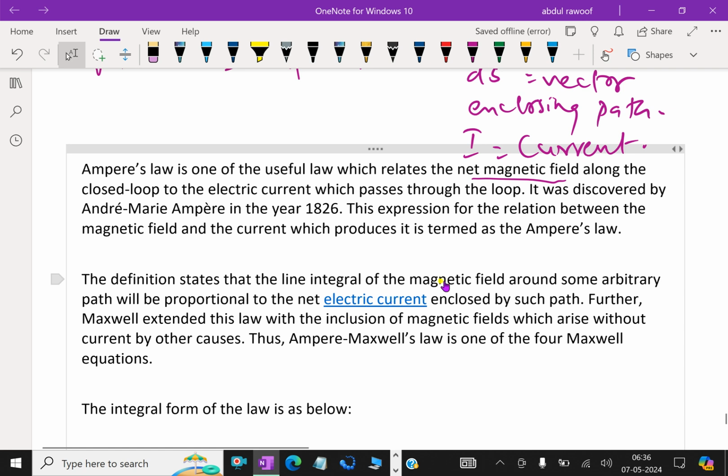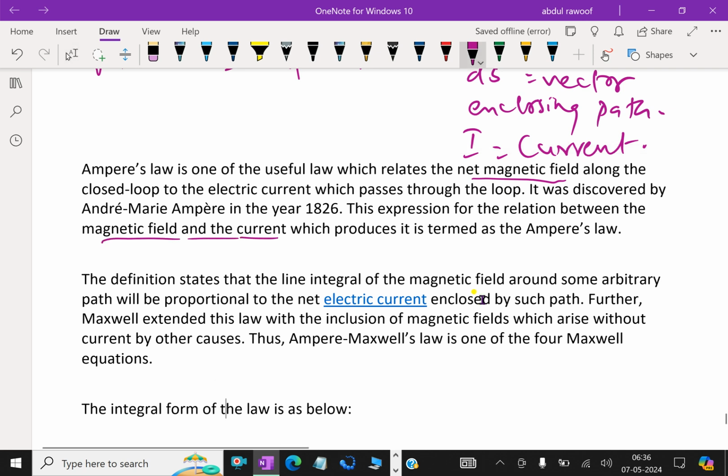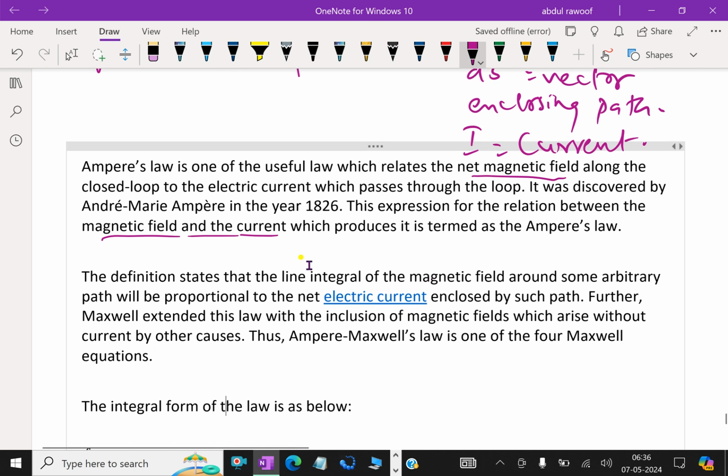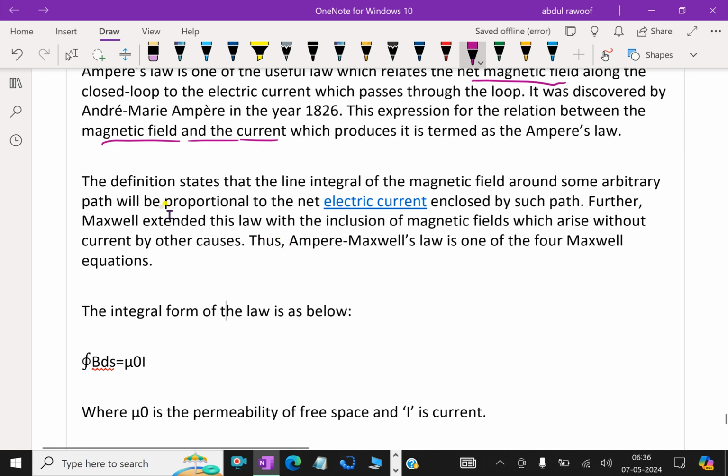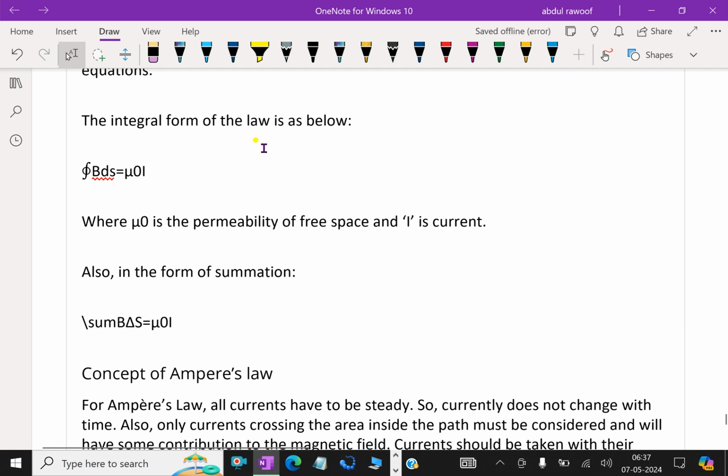This expression for the relation between the magnetic field and the current it produces is termed Ampere's law. The definition states that the line integral of the magnetic field around some arbitrary path will be proportional to the electric current enclosed by such path. The integral form of the law is given by the line integral of B ds equal to mu 0 I.